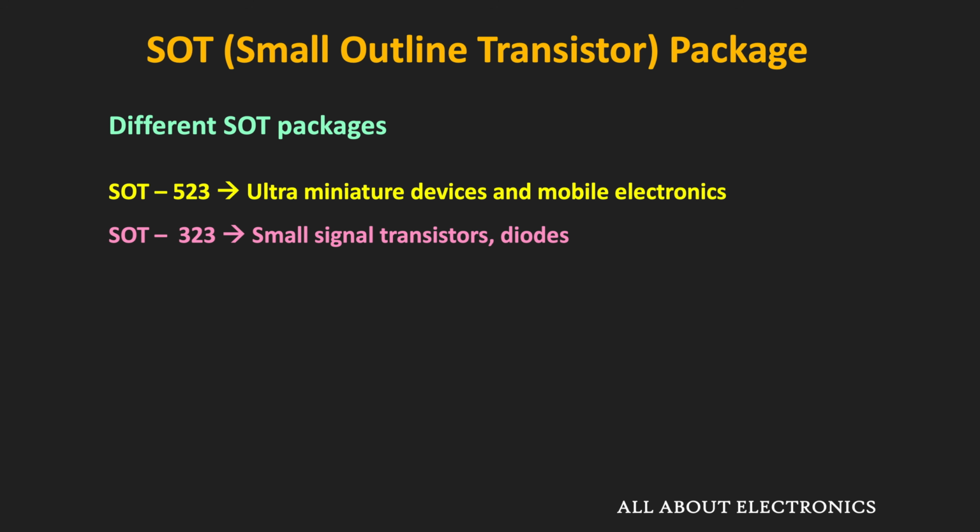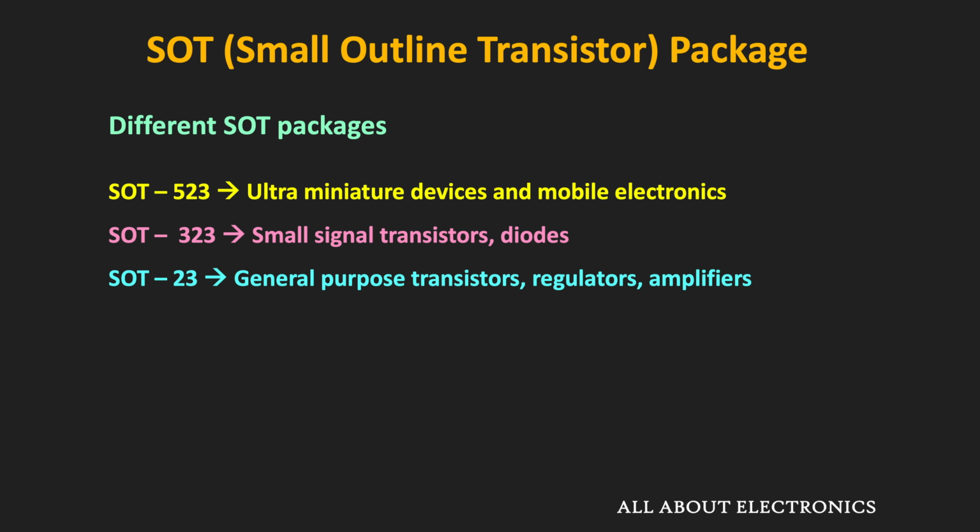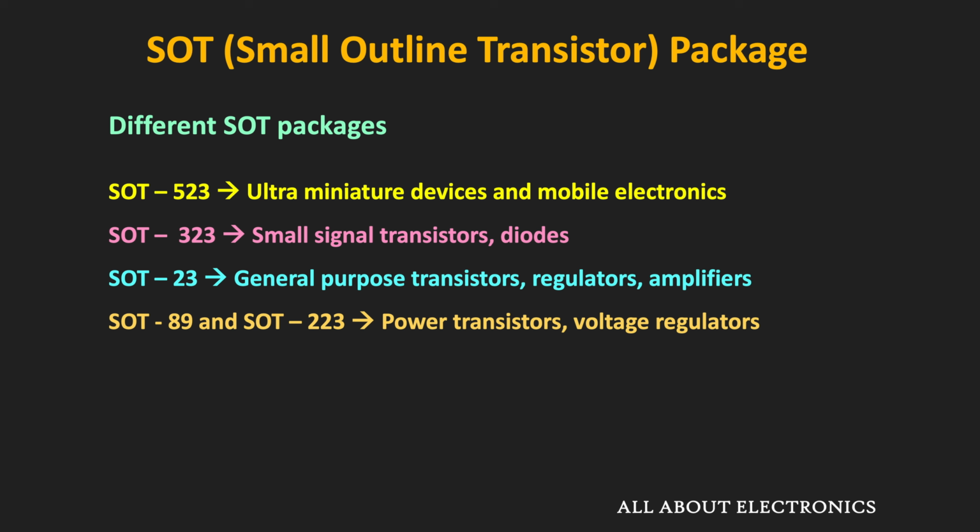Similarly, the SOT 23 package is mainly used for general purpose transistors, regulators and amplifiers. And likewise, the SOT 89 and the 223 packages are used for power transistors and voltage regulators. And if you see the SOT 143 package, then mainly it is used for dual transistors or matched pairs. So in this way, different SOT packages are used for different needs.